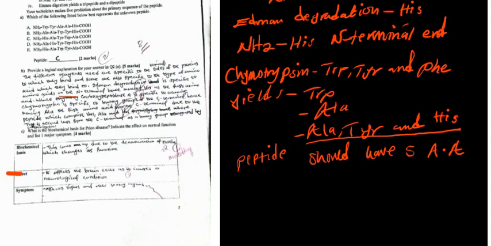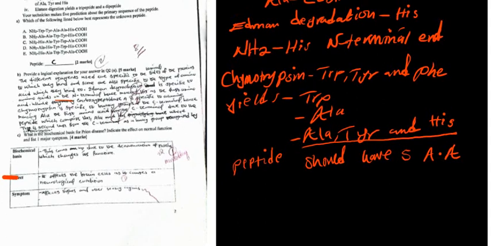Can't have tryptophan at the N terminal, so we disqualify this answer. Let's go to B. NH2 alanine. We discovered the amino acid we need at the N terminal is histidine, and here we have alanine. So we disqualify this answer.